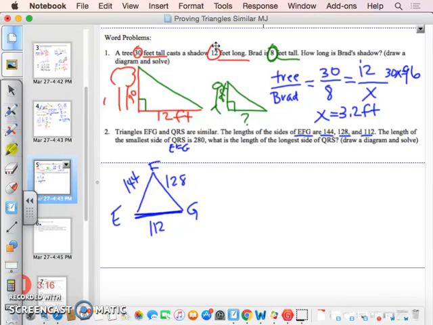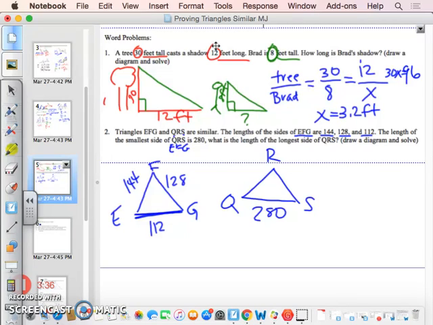The smallest side has to correspond to the smallest side. So this is R, this is Q, and this is S, and this is going to be 280, because EG corresponds to QS here.